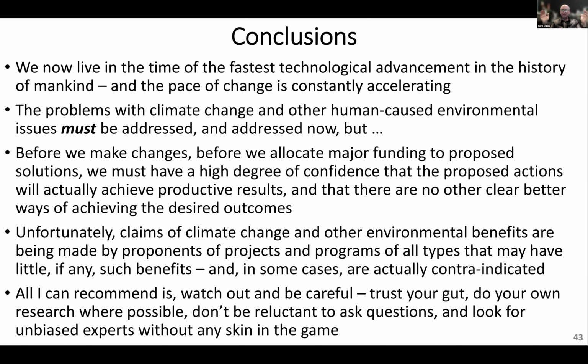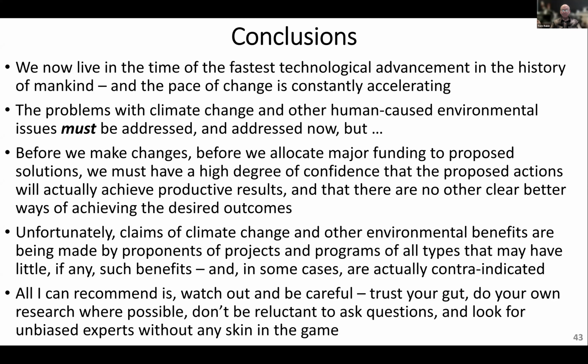But before we start saying, here's what we're going to do, we have to make sure that what is being promoted actually works. And moreover, that it's the best option. And unfortunately, as I think I've demonstrated with just a few examples, there are many, many cases where we are being sold a bill of goods for the benefit of a small number of special interests.